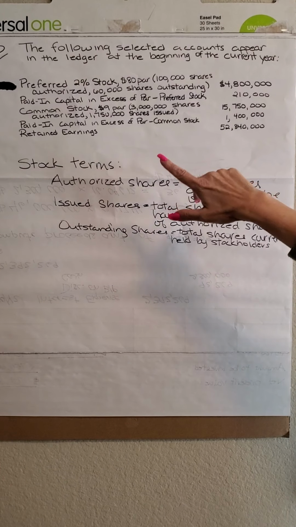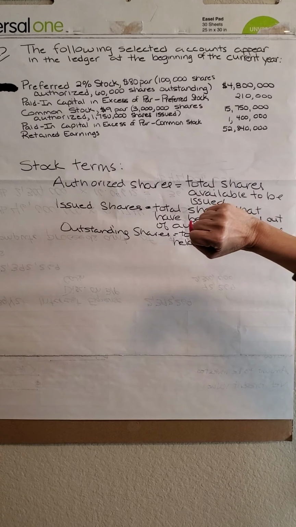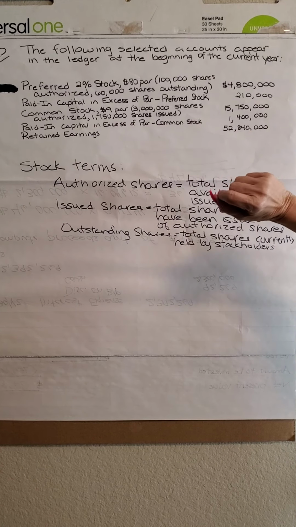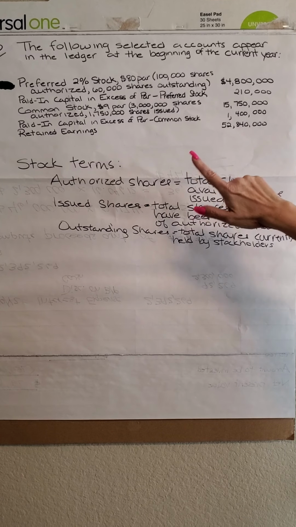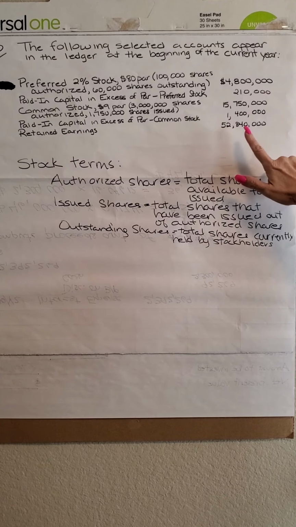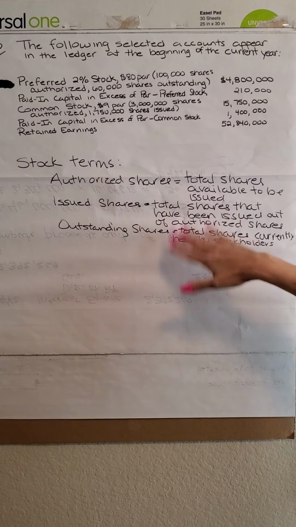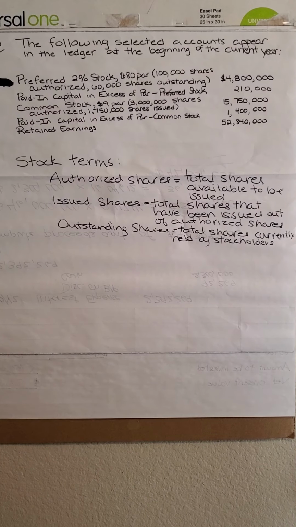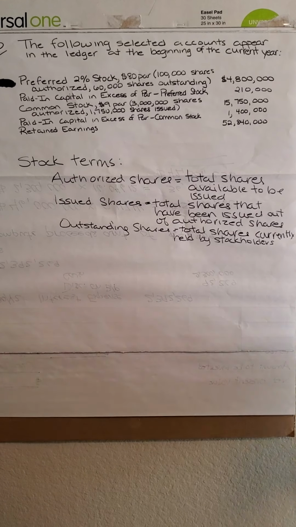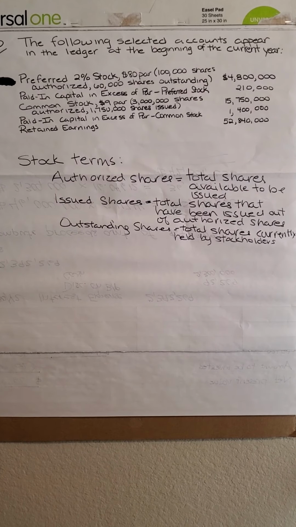So if we look up here again at this preferred 2% stock, $80 par, there are 100,000 shares authorized, and 60,000 shares issued and outstanding. They haven't listed it like that, but they have to be issued in order to be outstanding. So that's the preferred stock.